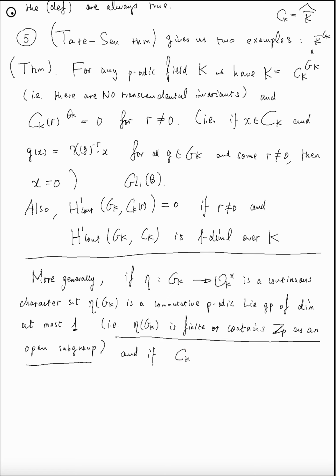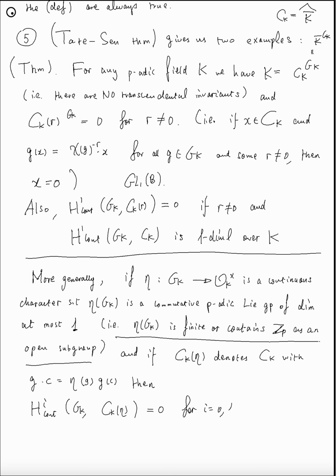And if this Galois representation is C_K(eta), which means it is C_K as a module with the scalar action coming from a kind of twist by eta, then the conclusion is that the continuous group H^i(J_K, C_K(eta)) equals 0 for i equals 0 or 1 when eta(I_K) is infinite.